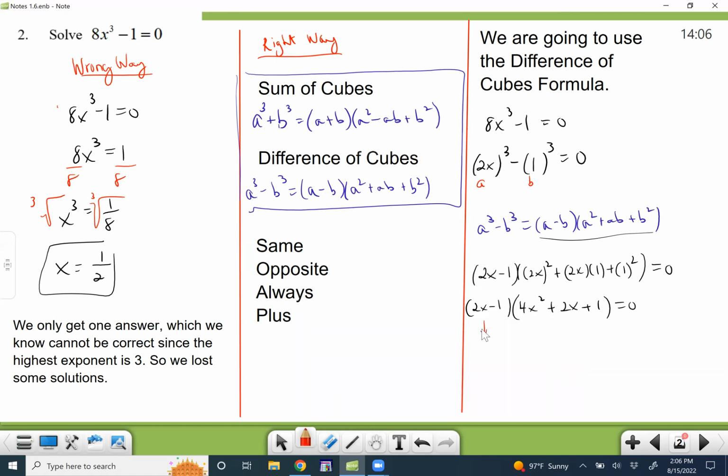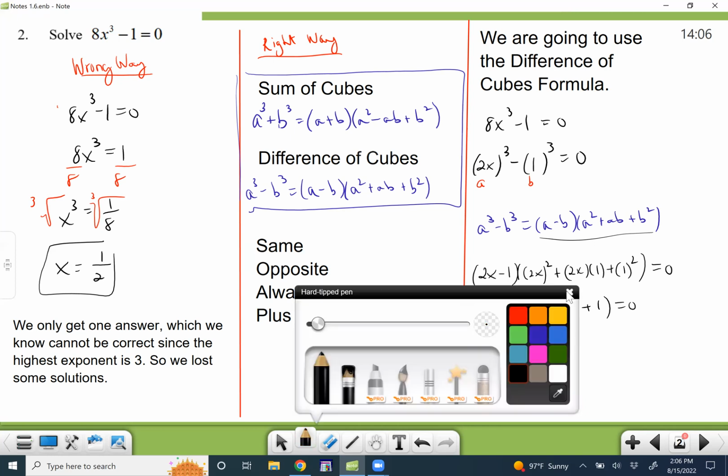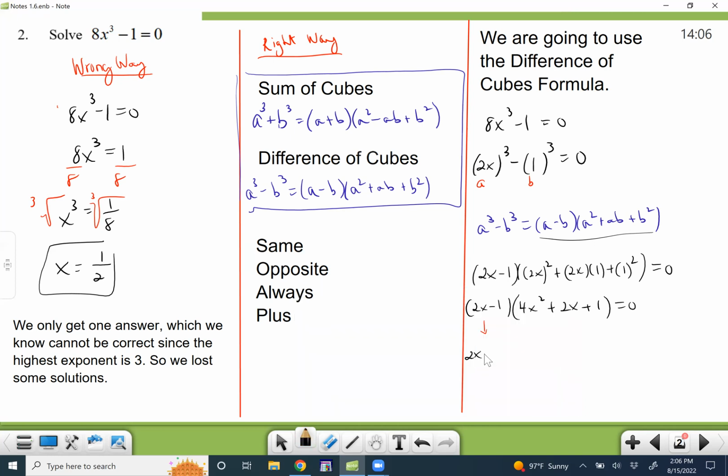That'll be the easy one to get the solution off of. Move the 1 over, make it positive. Divide by 2. X equals 1 over 2. Now notice, as a side note, matches, right? We said, hey, that is a solution.